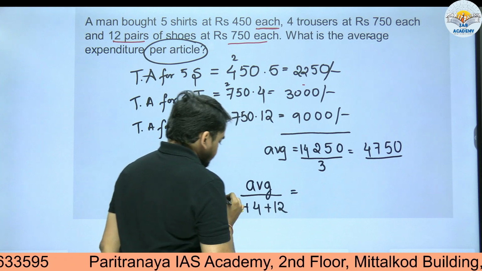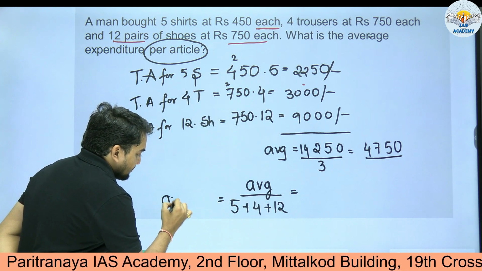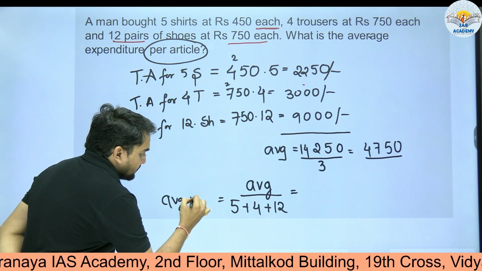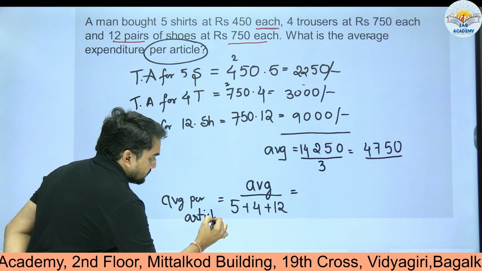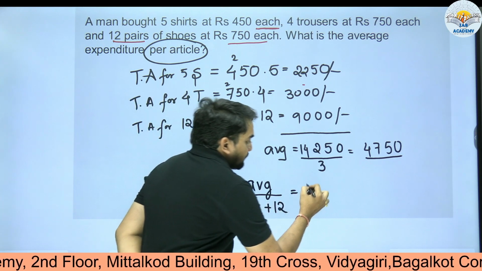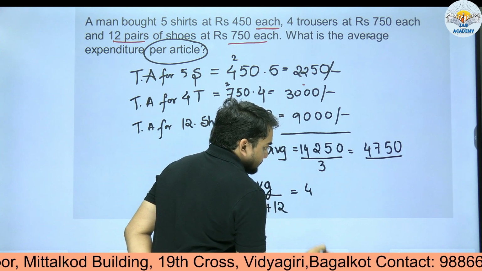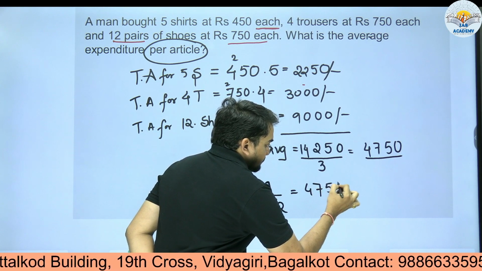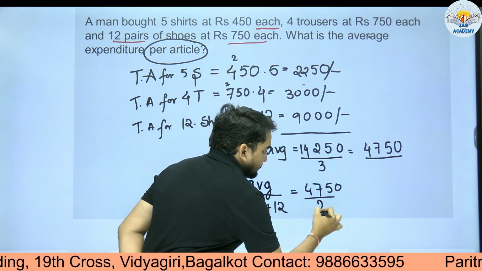That will be the average per article. Okay, so 475 divided by 21.